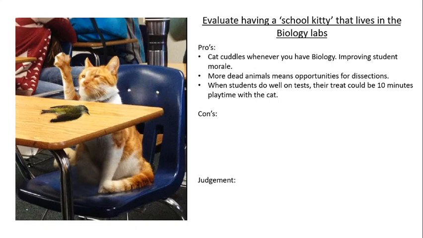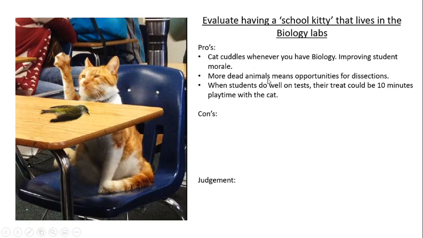I'm just going to stop here because I appreciate this is a bit of a joke question, but I really wanted to look at actually how I've written those pros. I haven't just said for a pro, cat cuddles. I've said why it's a pro. So cat cuddles when you have biology, that's good, that's my pro, but then I've said why: because it would improve student morale.